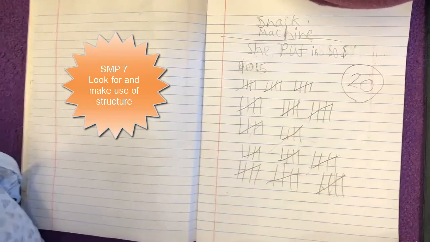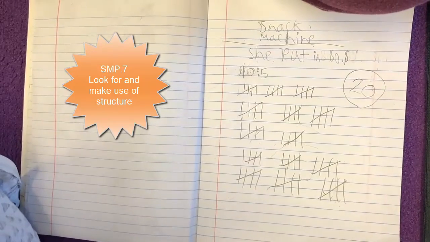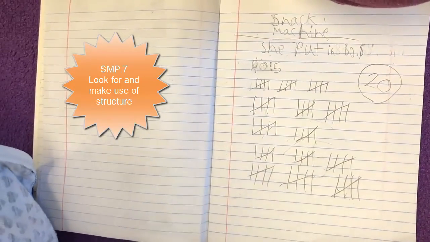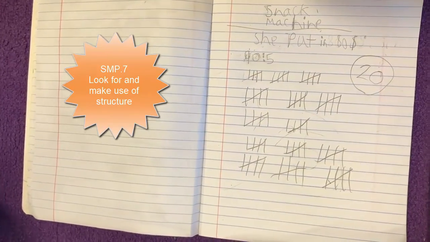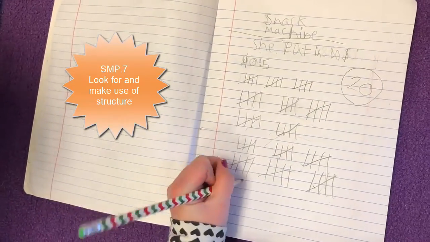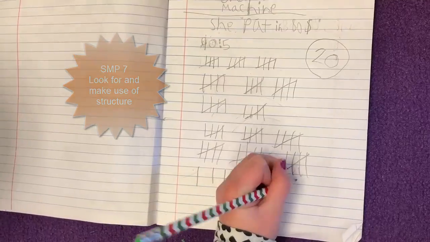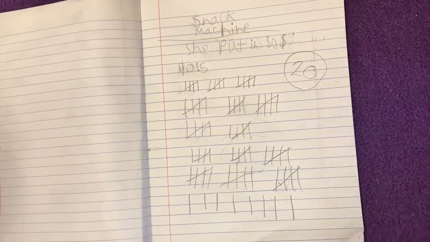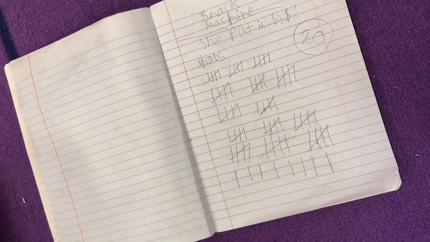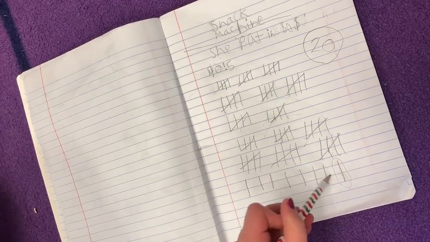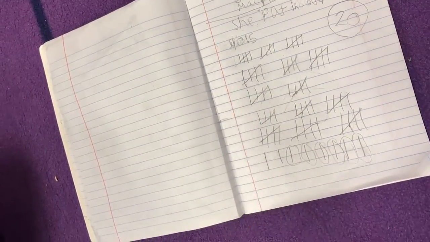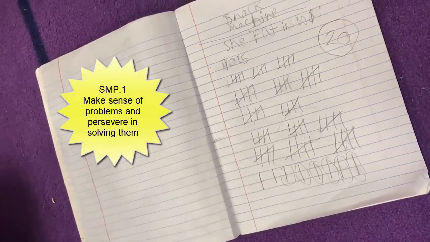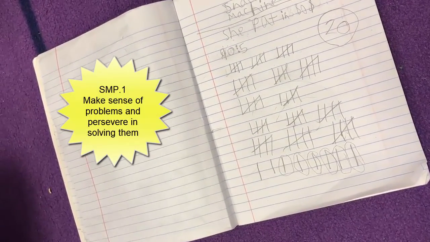Okay, so if you're going to use sticks for your tens and dots for your units, what would that look like if you were trying to do this problem? Right, and so that leaves you with how much money did she get back?